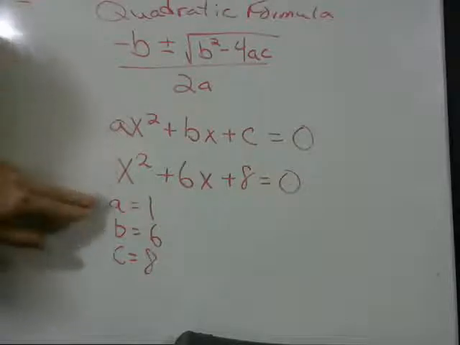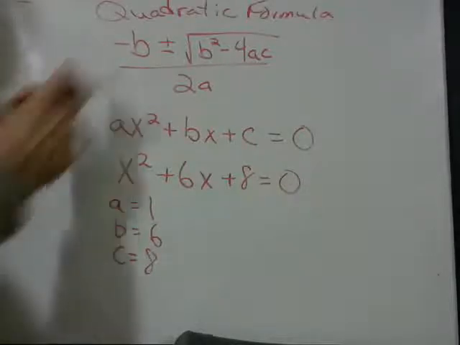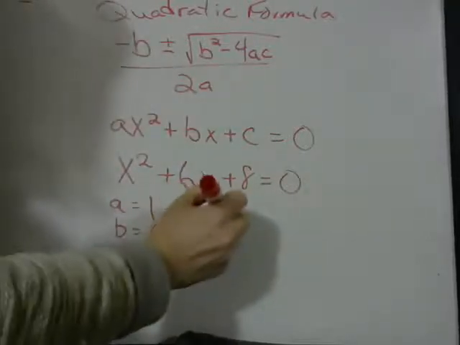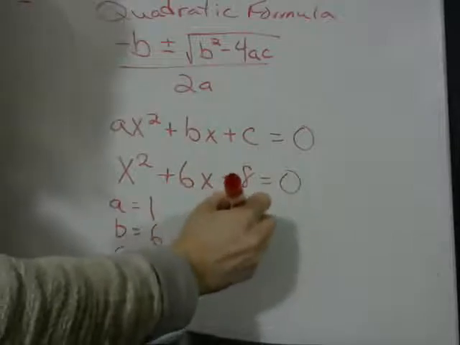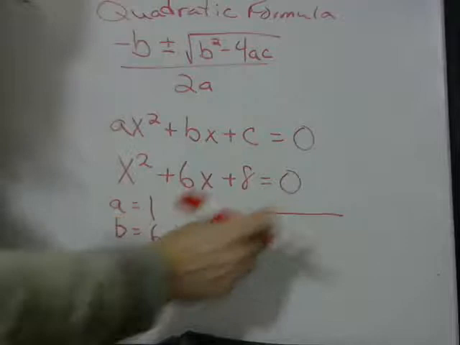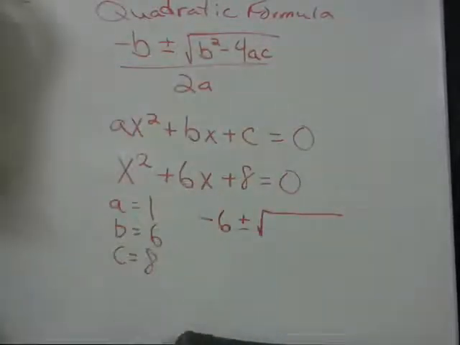But once you have a, b, and c, all you do is plug those in up here. So we just write negative b, so negative b, b is 6. Negative 6, plus or minus, don't worry about the plus or minus right now, the square root, and all of this is under the square root, so make sure you make the square root long.